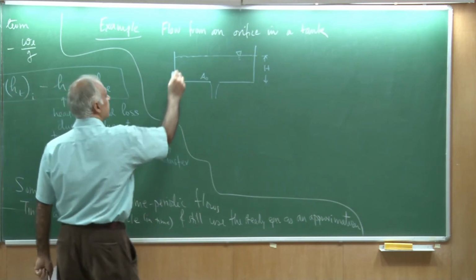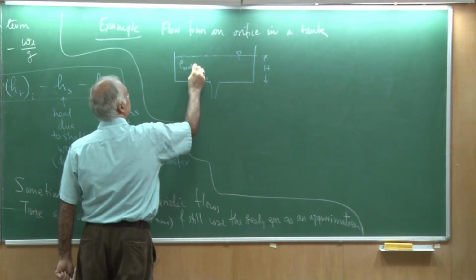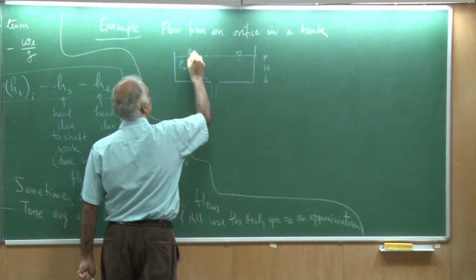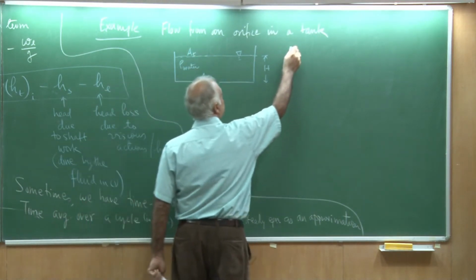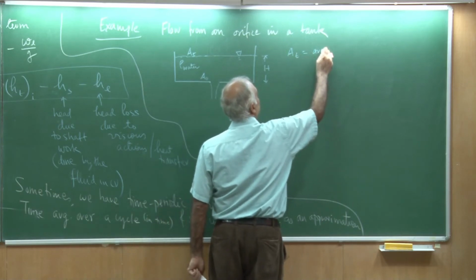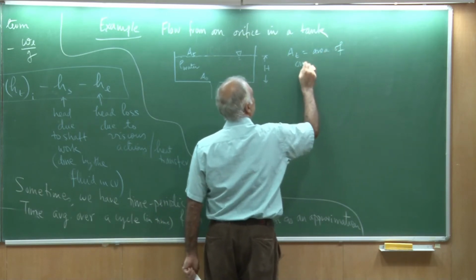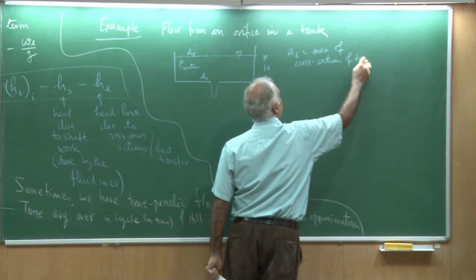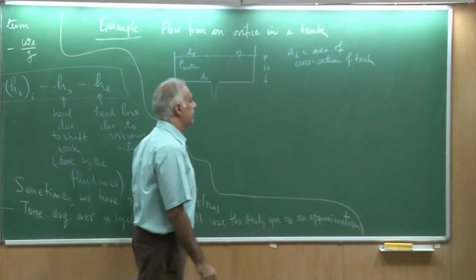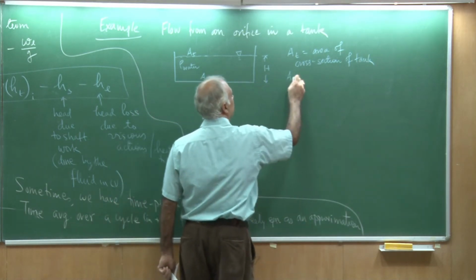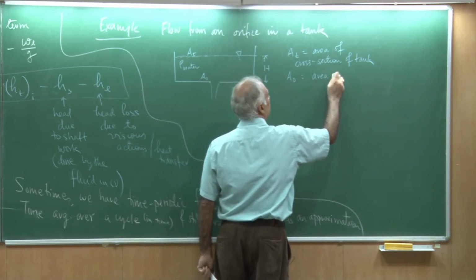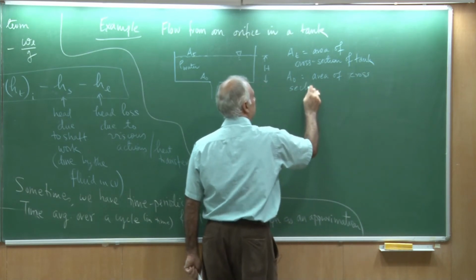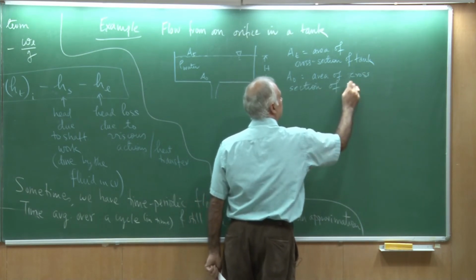This is the density of water, and the area is, let us say, AT, the area of cross section of the tank, and A naught is the area of cross section of the orifice.